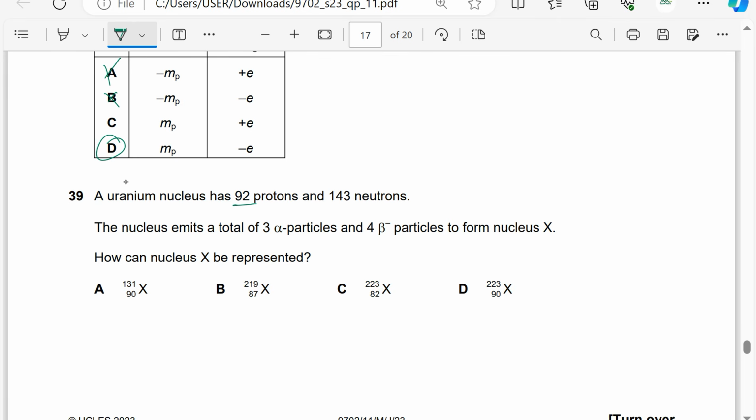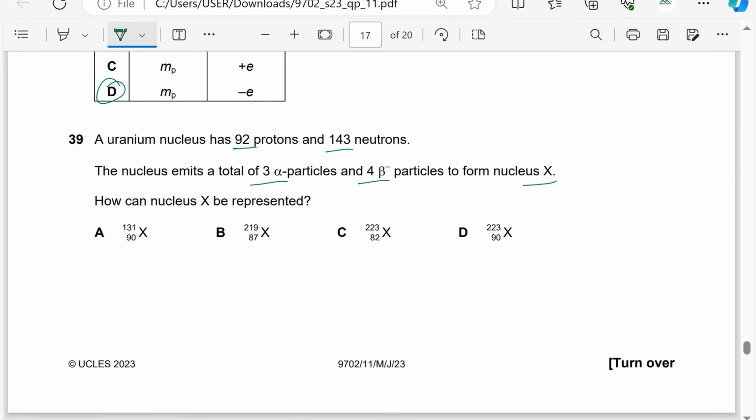Uranium nucleus has 92 protons, 143 neutrons. The nucleus emits a total of 3 alpha particles, 4 beta particles to form a nucleus X. So let's write the equation. Uranium, 143 plus 92 is 235, 92.